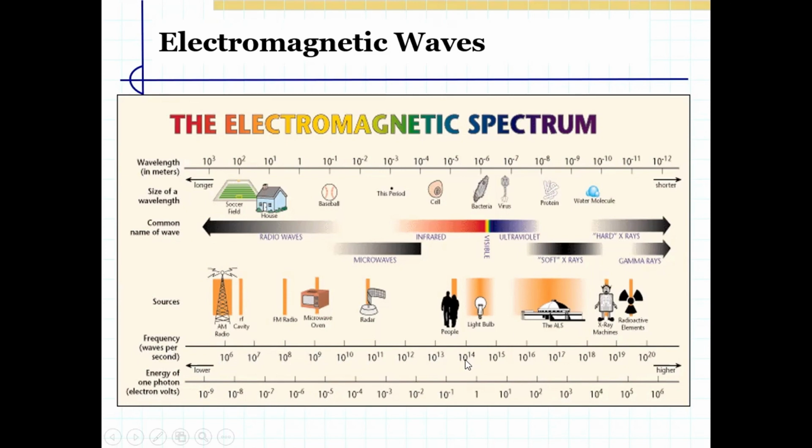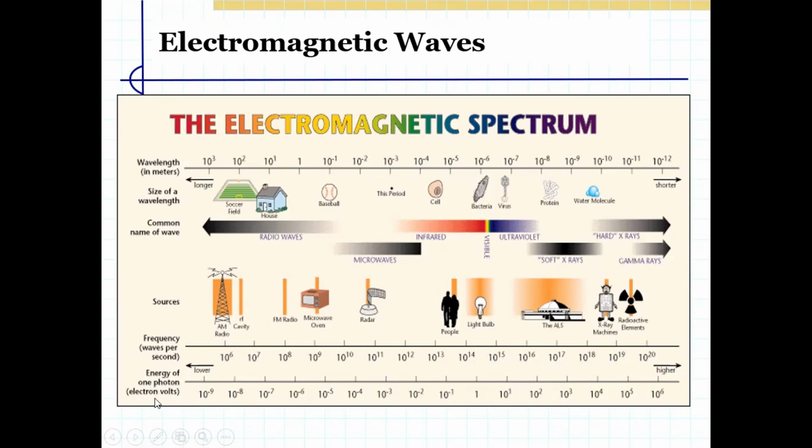And 10 to the power 14 to 10 to the power 16 is ultraviolet, with the visible region in between. And then we have the frequencies for soft X-rays and hard X-rays going up till 10 to the power 20 cycles per second.